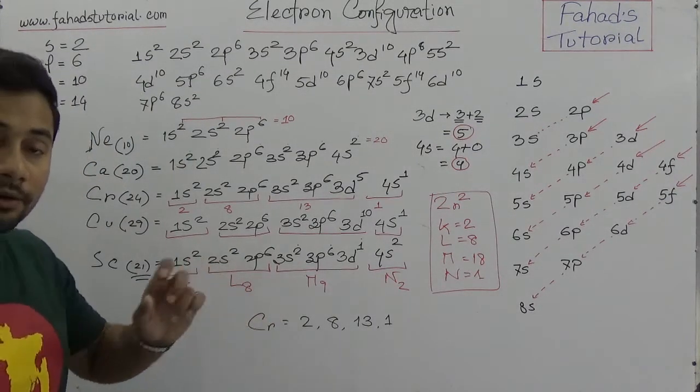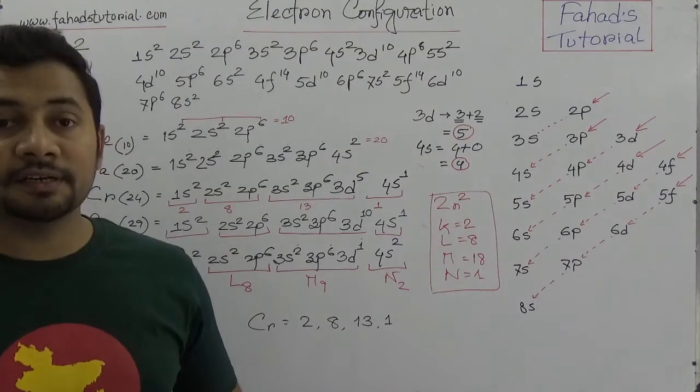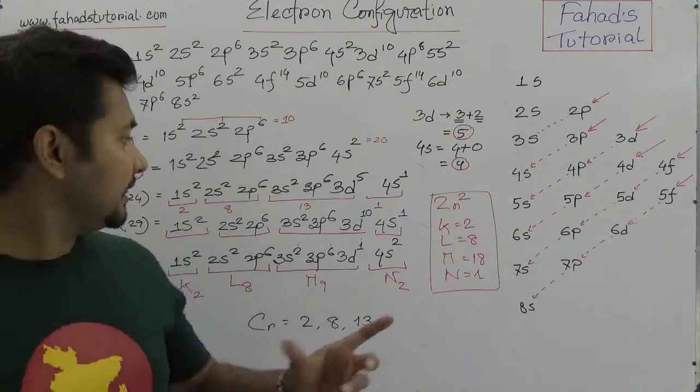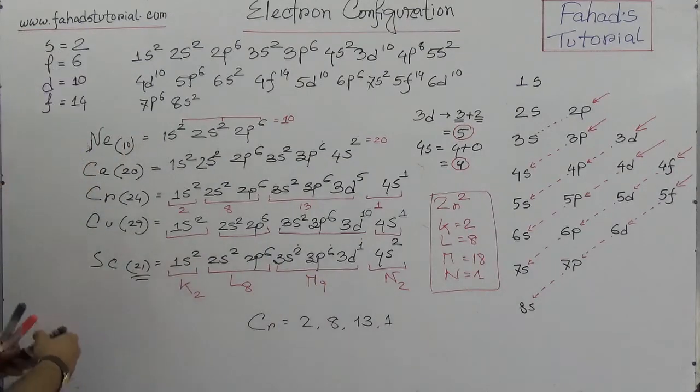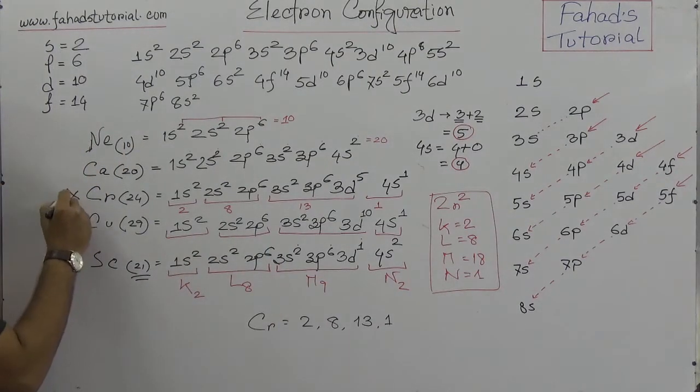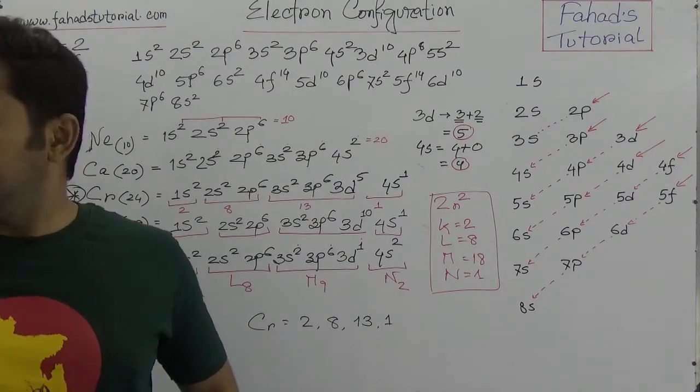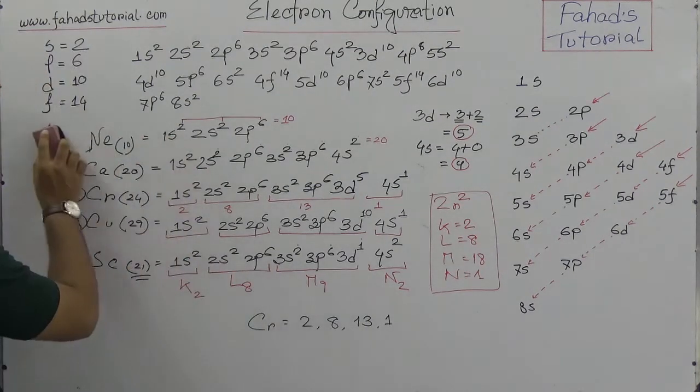Okay, so I hope in your question paper there is a question which is very common, about exceptions like copper and chromium. Please do it on your own for copper and chromium.